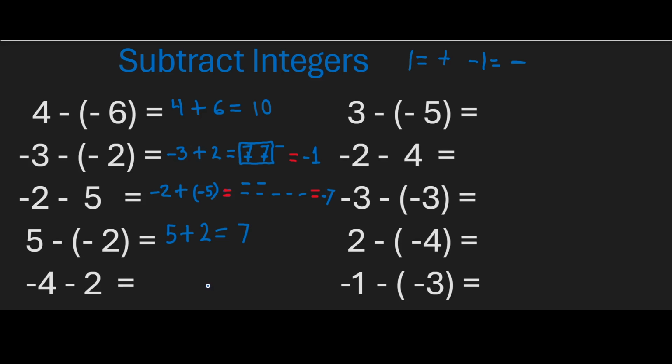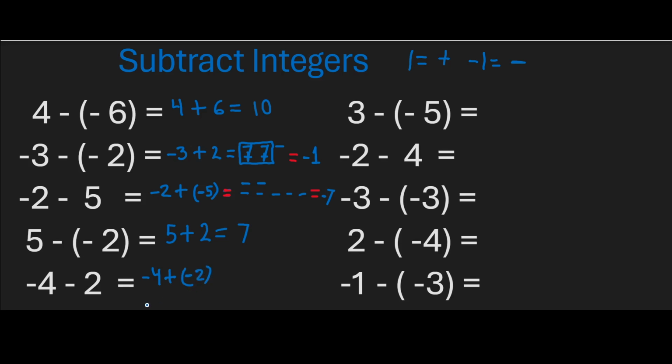Okay. On the next one, 2 is positive. And we're going to change the minus sign to the plus sign, and then we're going to change the sign of this number. I'm going to start by rewriting negative 4, changing the minus sign to the plus sign, and then 2, it used to be positive, then it's going to change into negative 2.